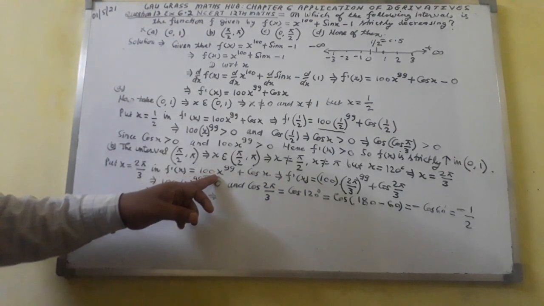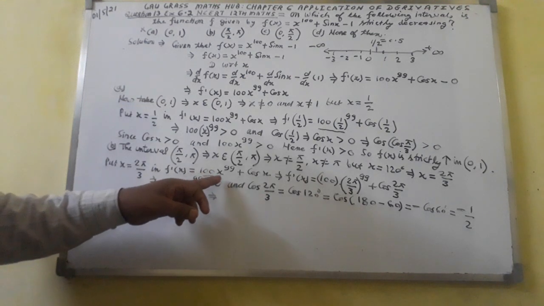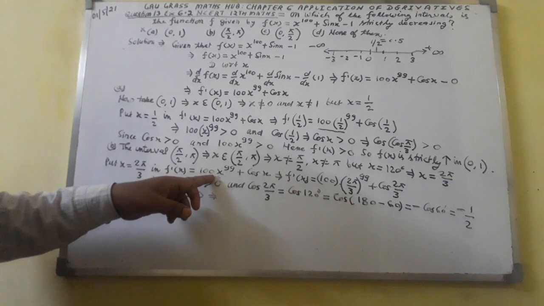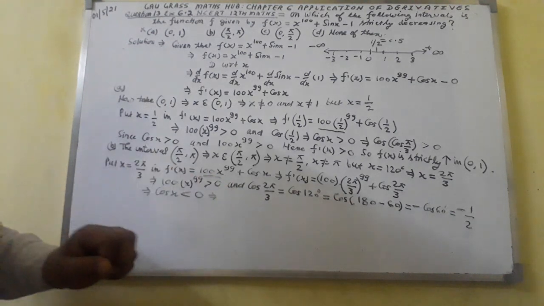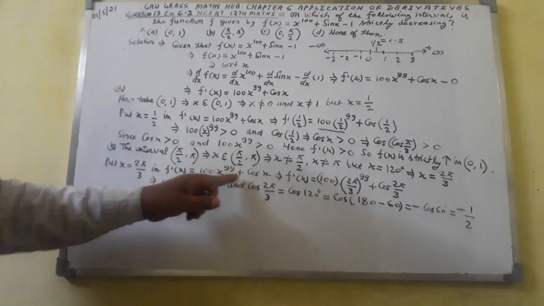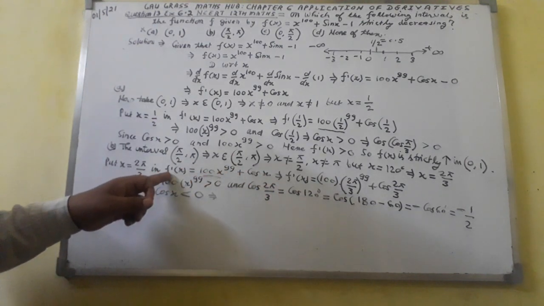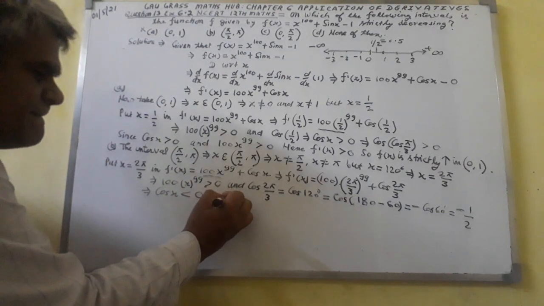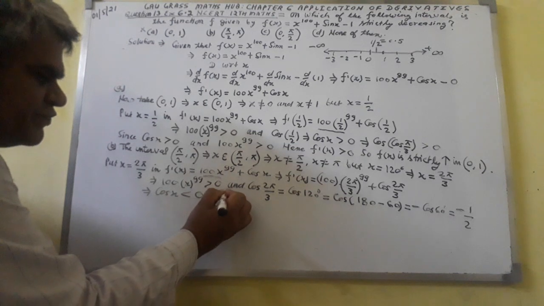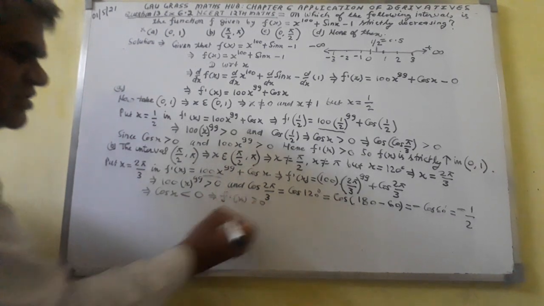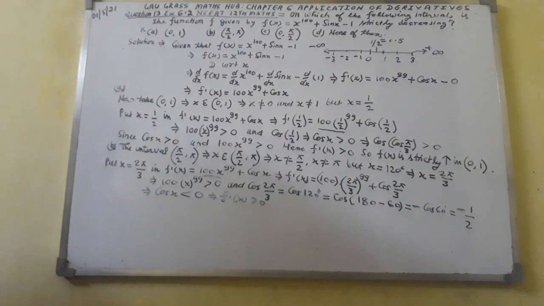This term is more. 100 x raised to the power 99 is greater and greater than 0, cos x is less than 0. If you add both terms, f dash of x will become greater than 0. This thing we have got.